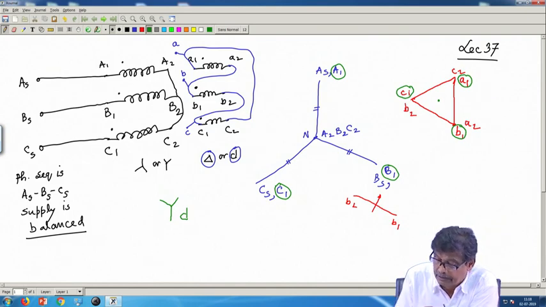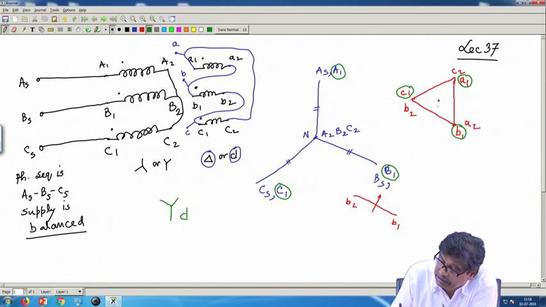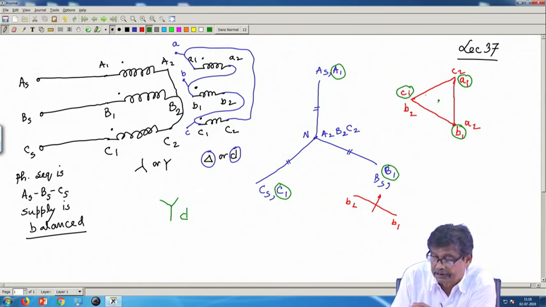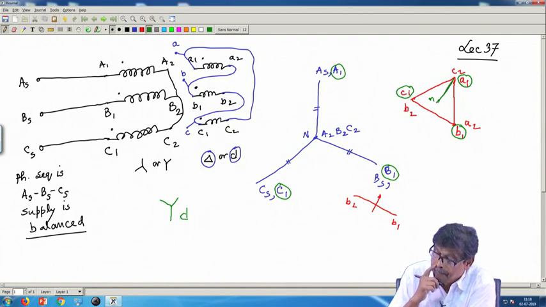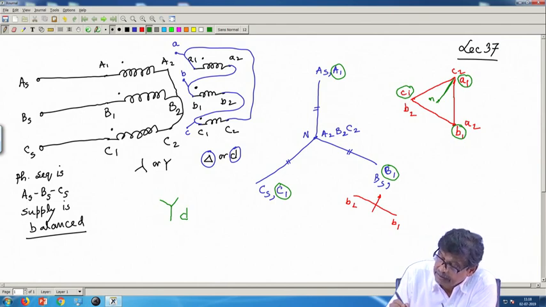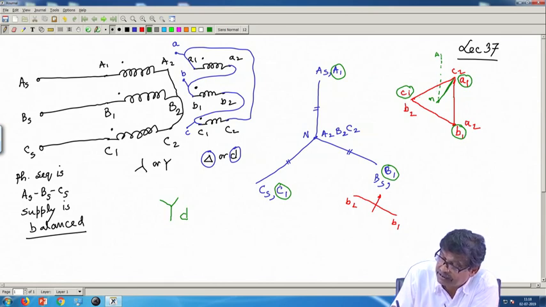Now, I will examine with respect to neutral on the primary side, there is A1 voltage. Similarly, with respect to this artificial neutral, which is the centroid of this equilateral triangle, the phase voltage is this phasor a1n. Then you draw this capital A1N here. Suppose this primary phase voltage with respect to its neutral is here, A1.